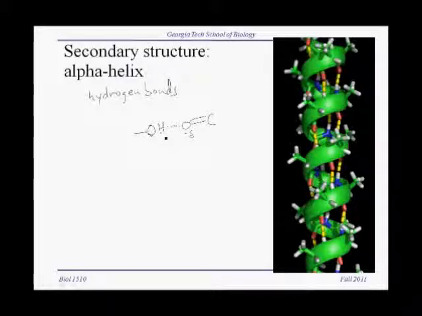This hydrogen contains a partial positive charge, and this is a special weak ionic interaction that's called a hydrogen bond. These hydrogen bonds occur between the peptide backbone atoms in the polypeptide chain, and that causes the polypeptide chain to coil spontaneously into alpha helices. This alpha helix is the most common secondary structure element found in proteins.